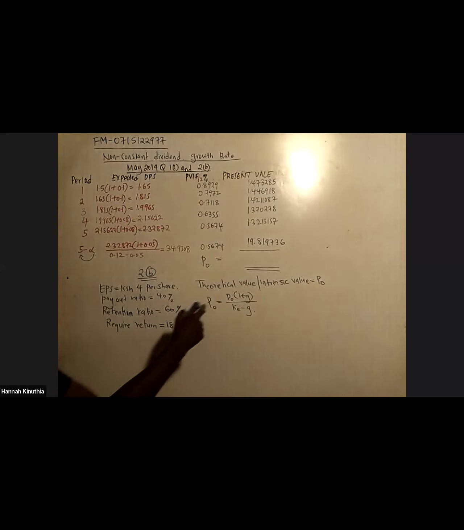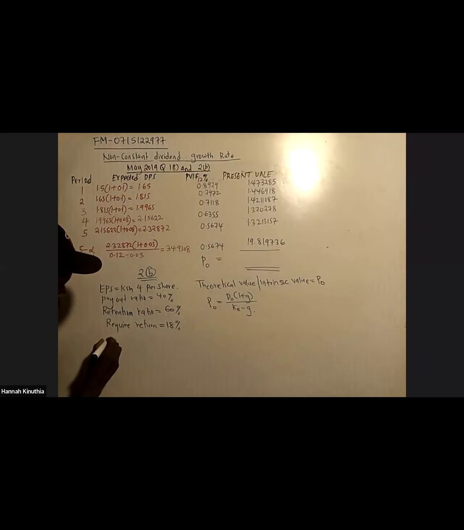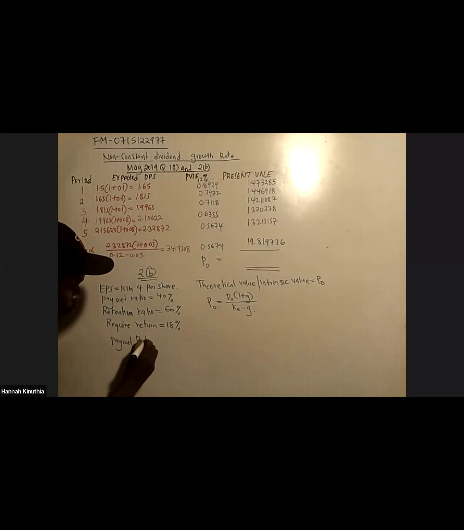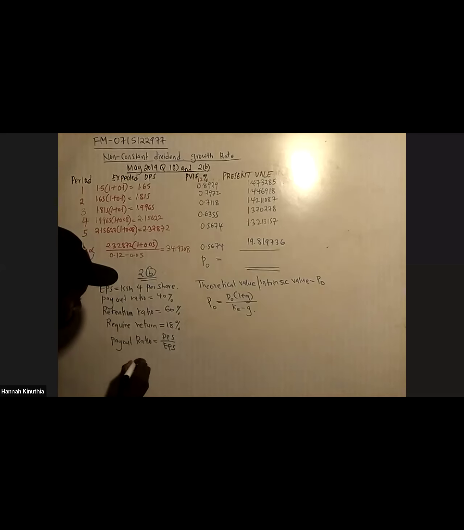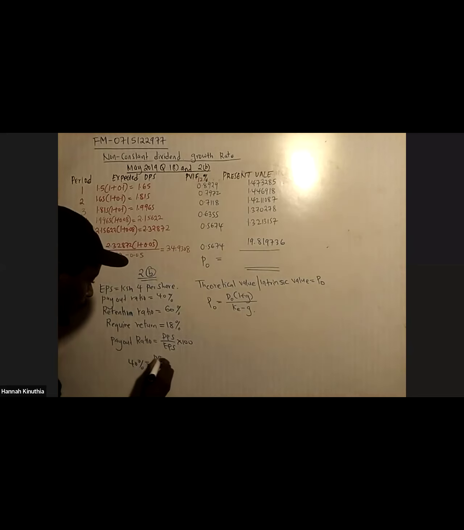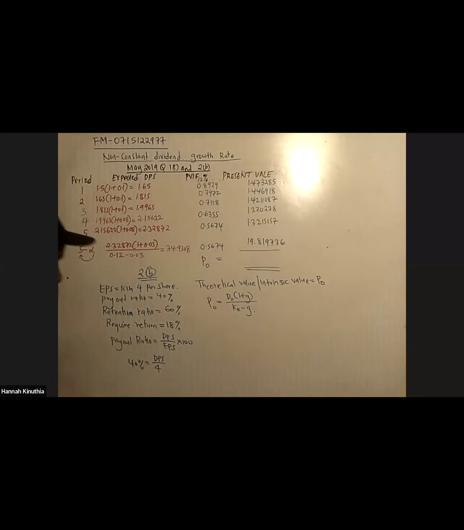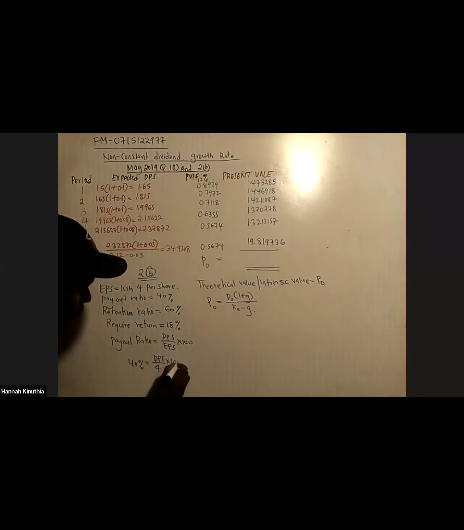Now we don't have the dividend, so we find the dividend. Payout ratio is equal to DPS over EPS. Our payout ratio is 40%, so 40% will be equal to DPS, which we don't know, over EPS, which we know is 4, times 100.